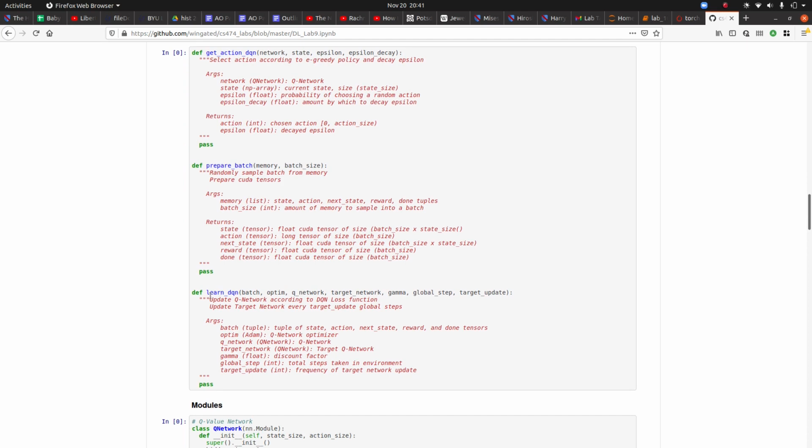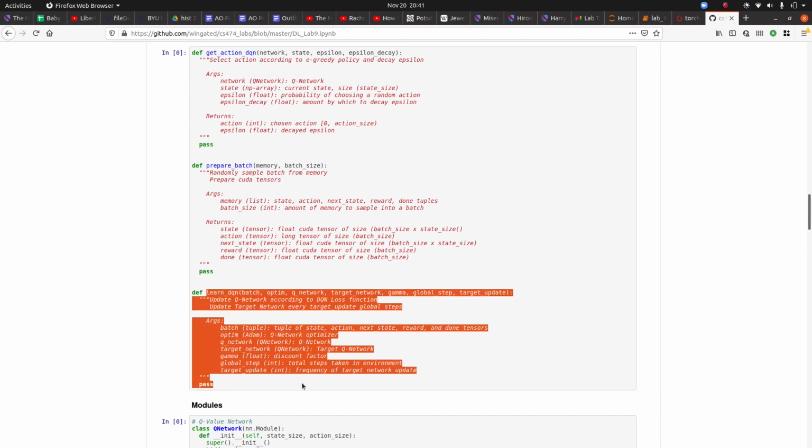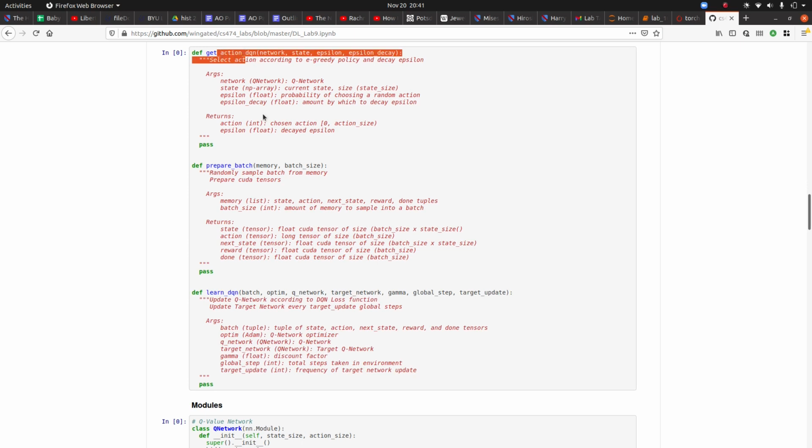and in particular we'll be focusing on learn DQN. These first two functions are incredibly easy, so I'm not going to spend a ton of time on them. Get action DQN is just an if-else statement. If a random number is less than epsilon, then choose a random action.